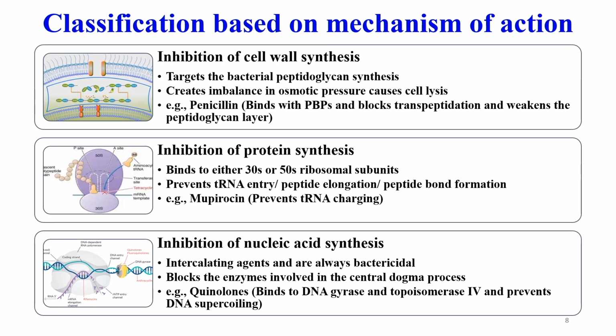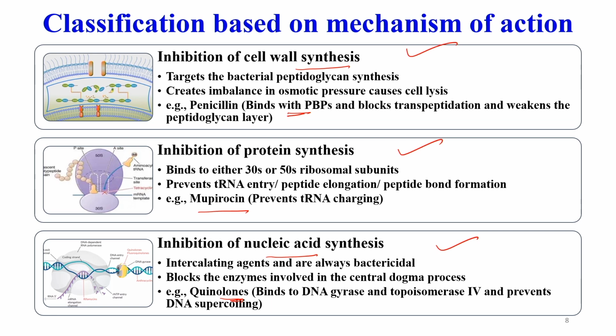So, how does it work? These antibiotics may inhibit cell wall synthesis, protein synthesis, or nucleic acid synthesis. For example, penicillin inhibits cell wall synthesis, mupirocin inhibits protein synthesis, and quinolones inhibit nucleic acid synthesis.